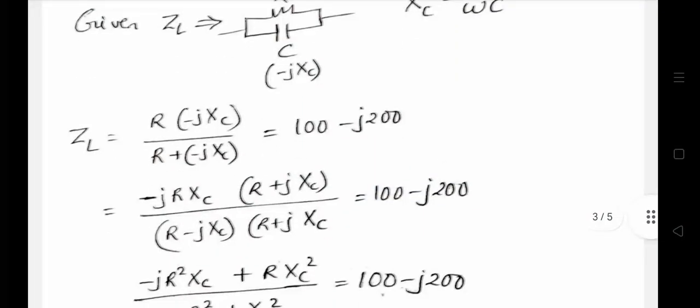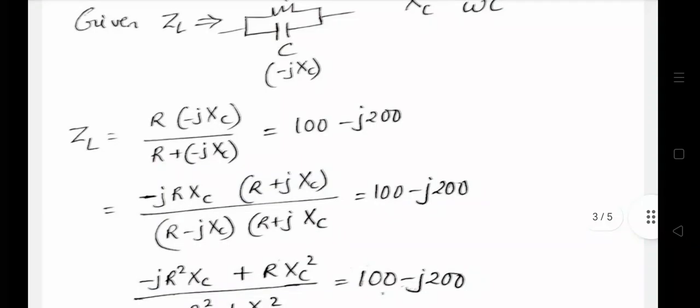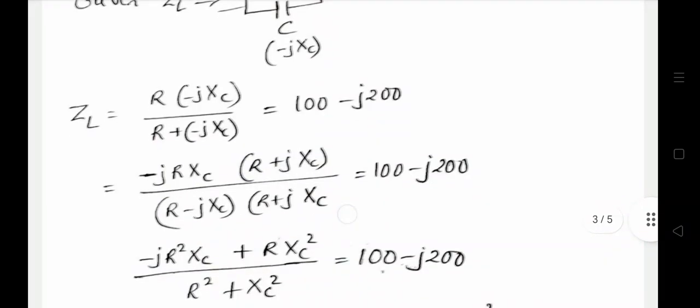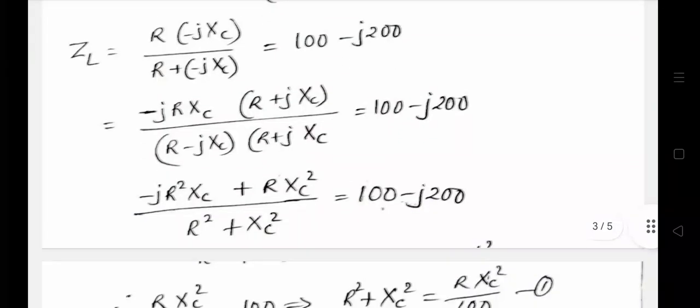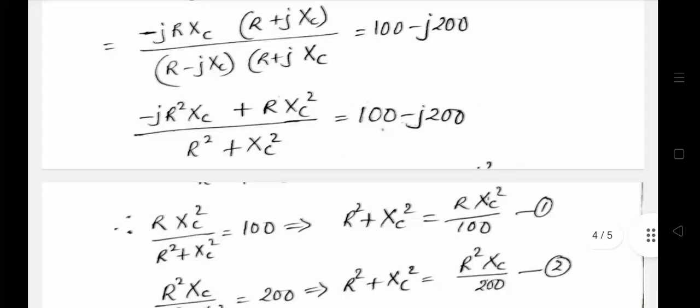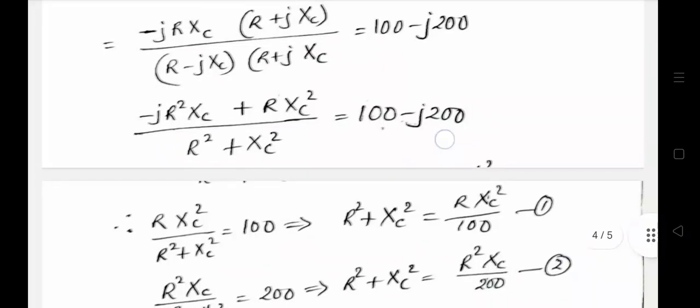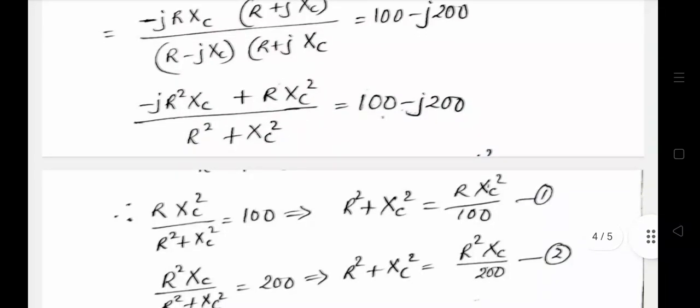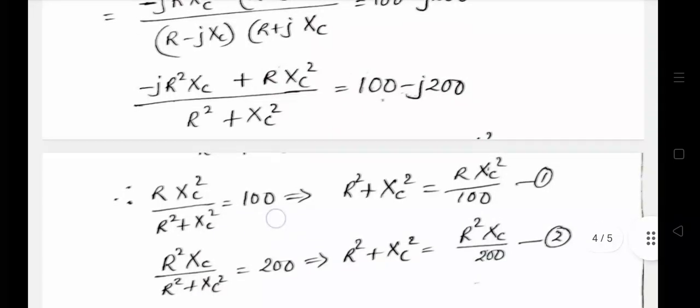Let's solve this equation. Take the conjugate of R minus jXc and multiply in numerator as well as denominator, and we get this. Again, splitting into real term and imaginary term: R Xc squared by R squared plus Xc squared is the real term, and we equate it to 100.